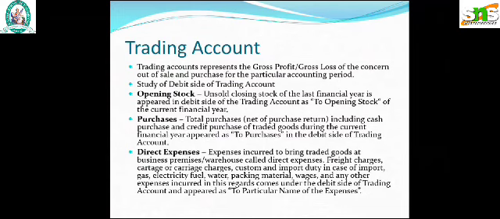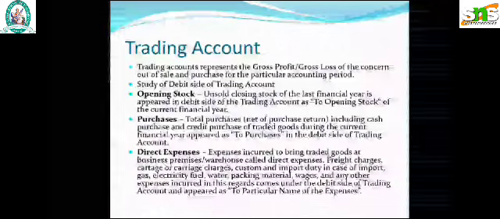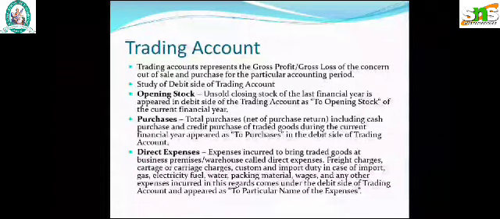Next one is purchase. Total purchase, including cash purchase and credit purchase of traded goods during the current financial year, is appropriated to purchase in the debit side of the trading account. Next one is direct expenses.